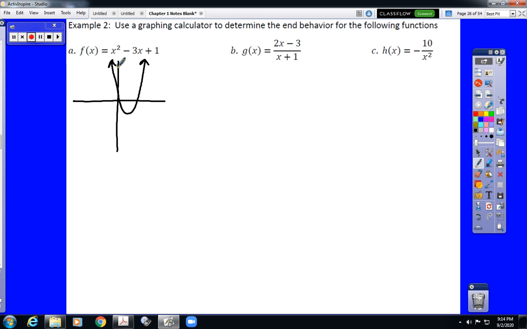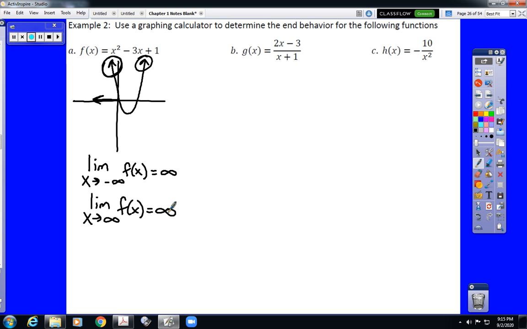All we care about are the end behaviors. So the limit as x approaches negative infinity of f of x, it goes to positive infinity here. It's going to positive infinity as x goes to negative. Same thing for x approaches positive infinity of f of x. That end is also going to positive infinity. So there's your end behavior for the first one.